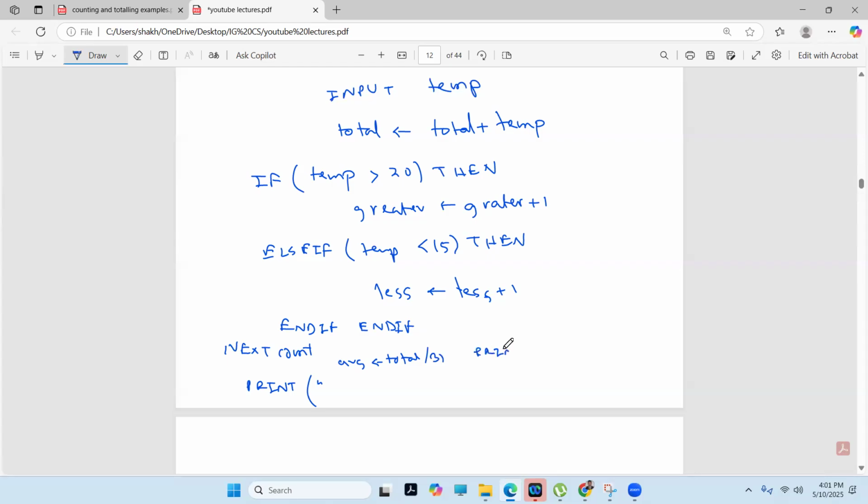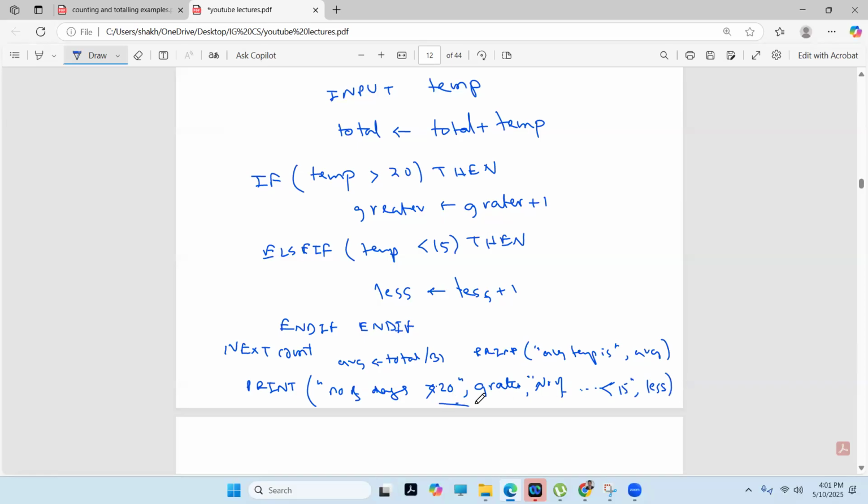Then print average temperature is average, and another print is for the counting: number of days greater than 20 is greater, and number of days less than 15 is less.